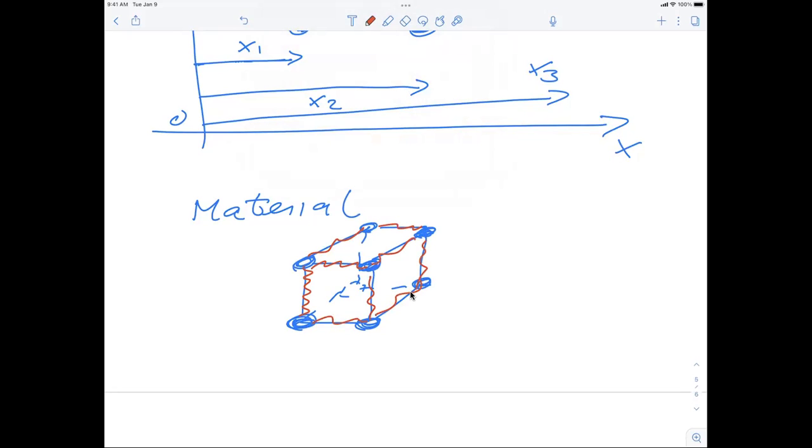So you could make a simple model for a material at a given temperature if you don't want to deal with the basic quantum mechanics, but you could think of these atoms or molecules interacting just via spring force. Now, when I say spring force, I'd like to see if I can trigger your intuition a little bit here.